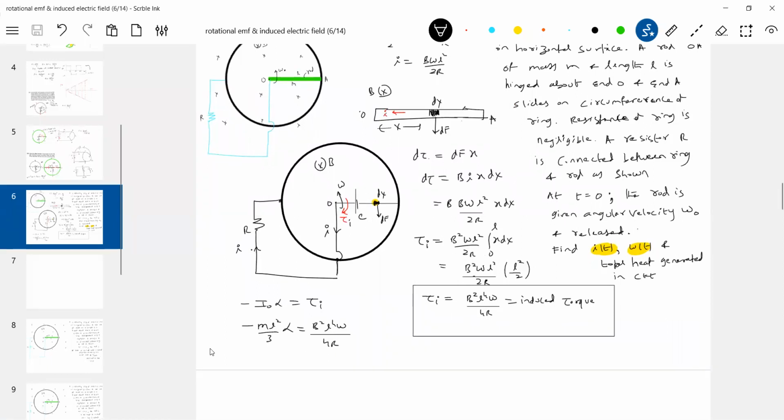Alpha, you can write d omega by dt. So d omega by dt equals minus 3 by m, L square cancelled, so B square L square omega by 4R.